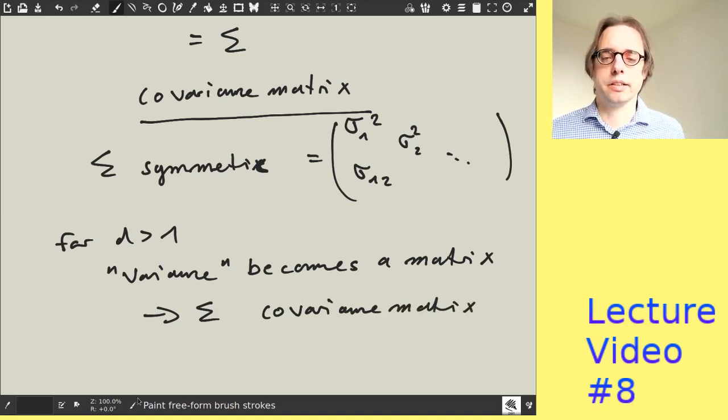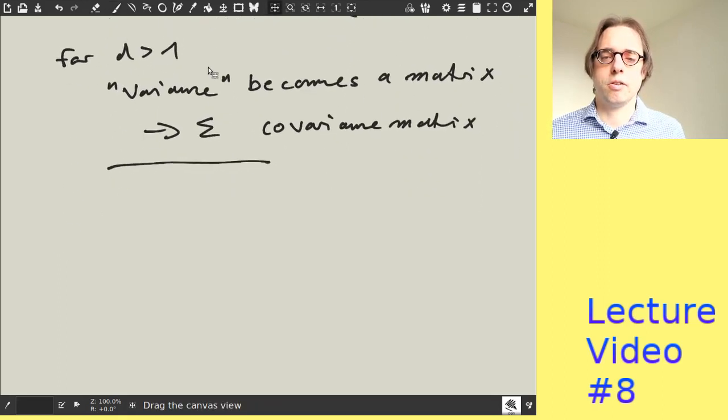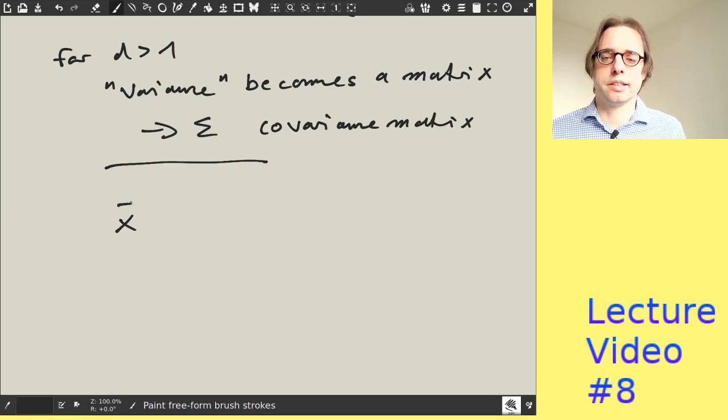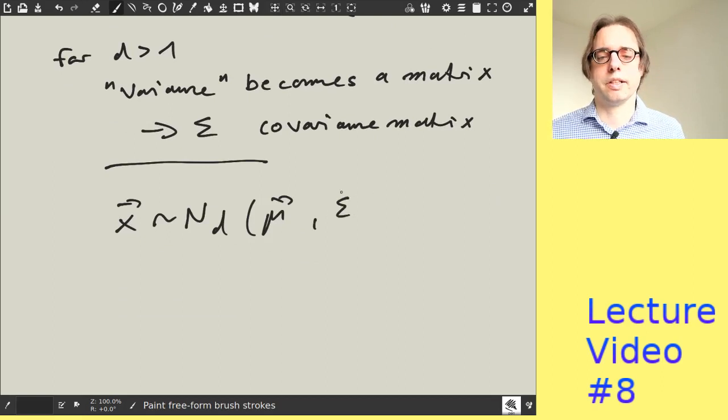So now we can come back to the multivariate normal. We have x distributed as multivariate normal with a mean vector and with a covariance matrix, I mean.